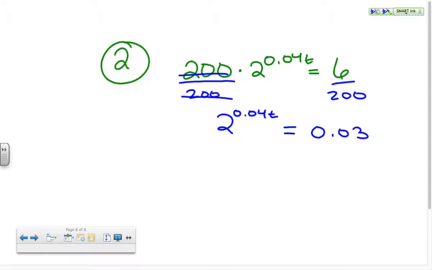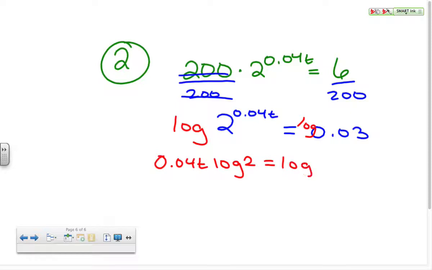Now I'm going to use logs. Log of this side and log of that side. And now I can get rid of the exponent since I have logs on there. So I can go 0.04t log 2 equals log 0.03.